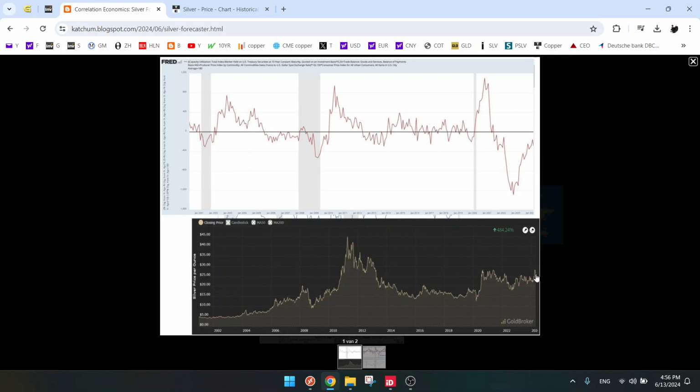So I expect silver to underperform until this goes back in the plus. So I don't expect silver to rise now based on this chart. Okay, and this takes into account the gold forecaster index holy grail leading indicator plus the CPI.